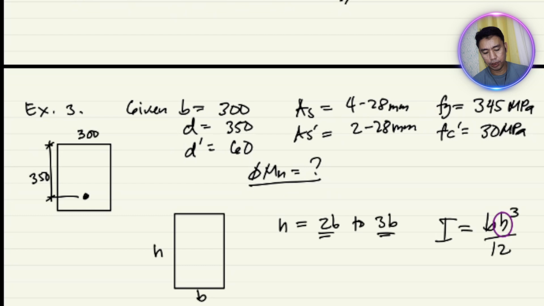So, in this example, tingnan nyo, this is 300 by 350. So, parang magkalapit lang yung ratio ng base at saka D. Okay, which is not efficient. So in that case, you expect na marami kang reinforcement na ilalagay. And then in this case, you expect na yung analysis natin is doubly reinforced.